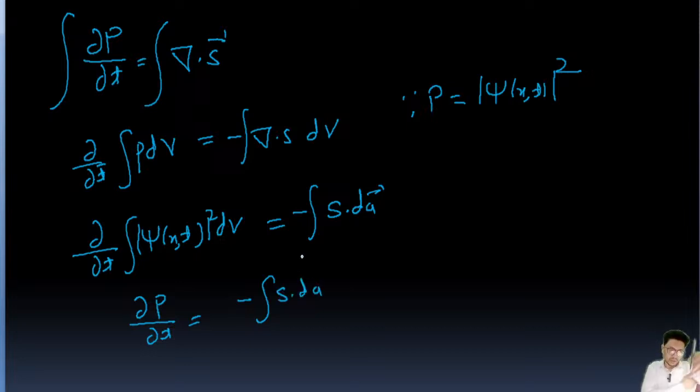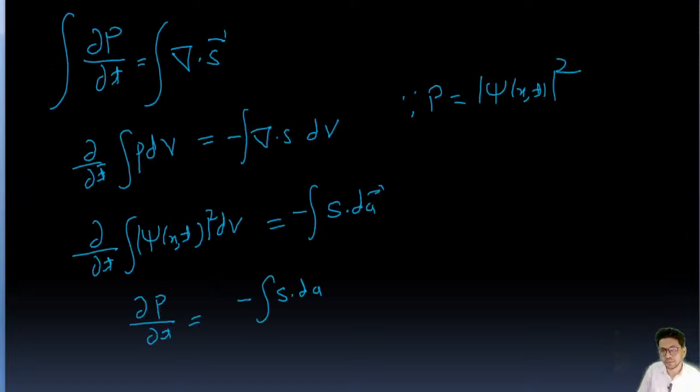So from here we can write integration S dot dA equal to minus del P over del t.